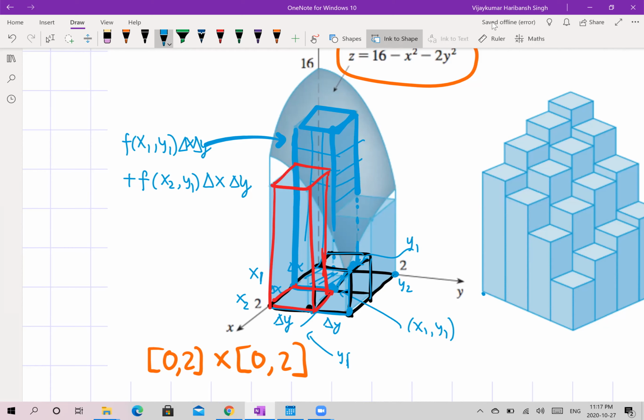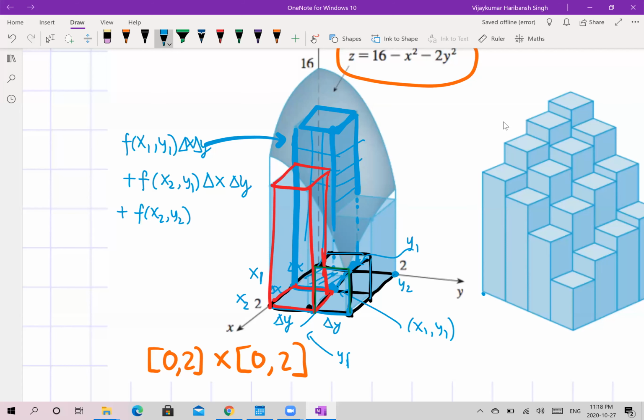Similarly, what about this guy here? In this case, we have x2, y2. So this rectangle will be given by f of x2, y2, delta x, delta y.